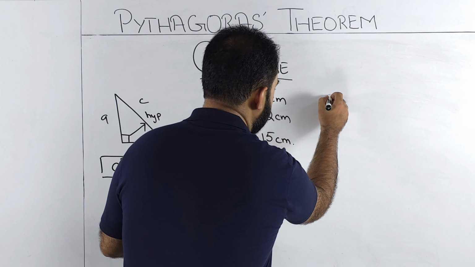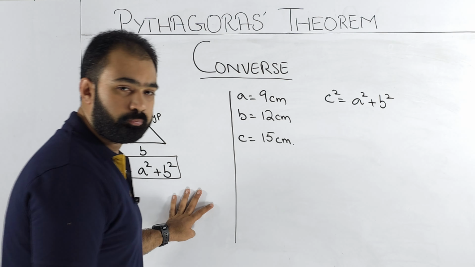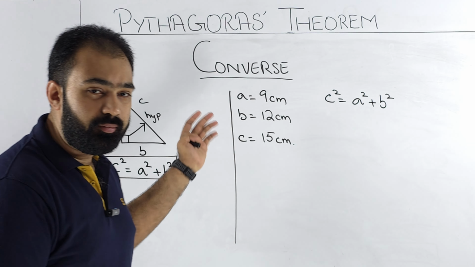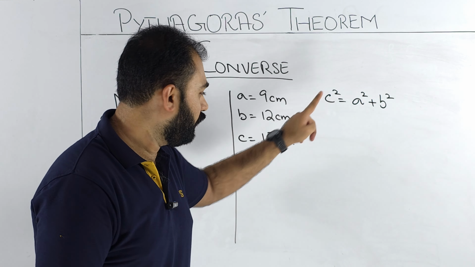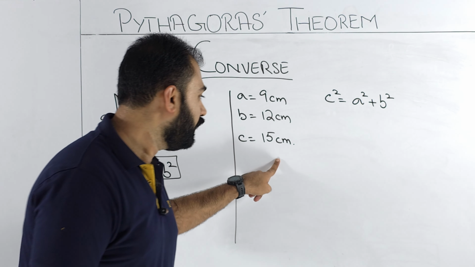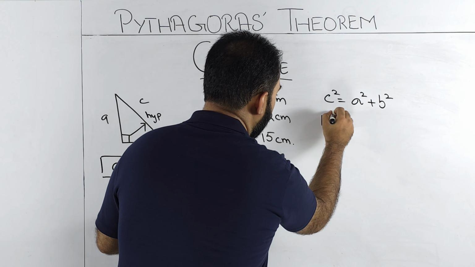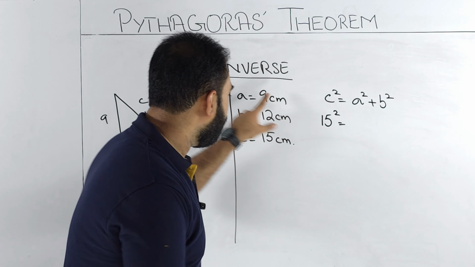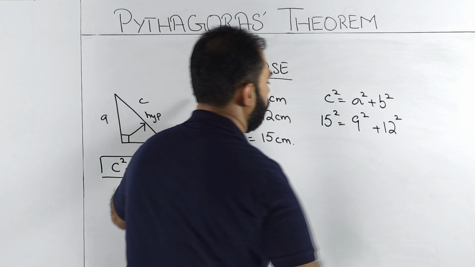Now the formula says C square is equal to A square plus B square. In this portion, C square, on the left hand side of equals to, I am going to put the longest length, that is 15 centimeter, because it is supposed to be hypotenuse, right? So I am going to put 15 square here, equal to A square, that is 9 square plus 12 square.